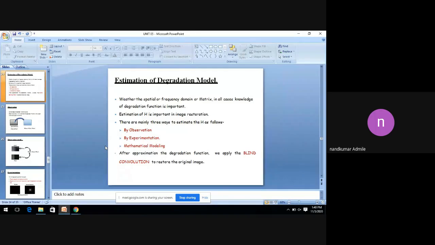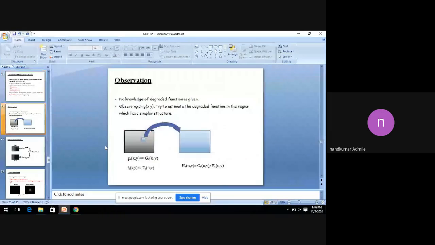Okay, so in observation, we simply compare two images, and by looking at the structure of the two images, we can easily estimate the degradation function.